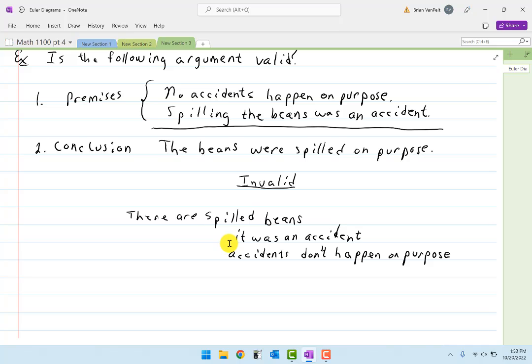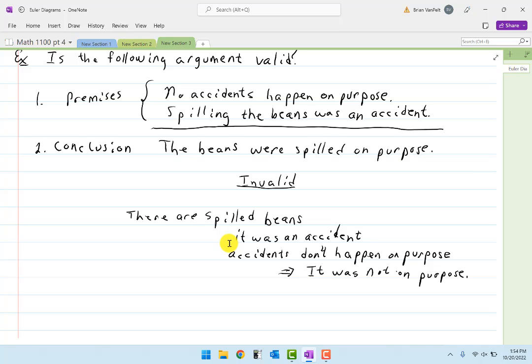So we have that it was an accident. Accidents don't happen on purpose. So since it was an accident, then it was not on purpose. This implies that it was not on purpose. But the conclusion that we wrote under there is diametrically opposed to that.